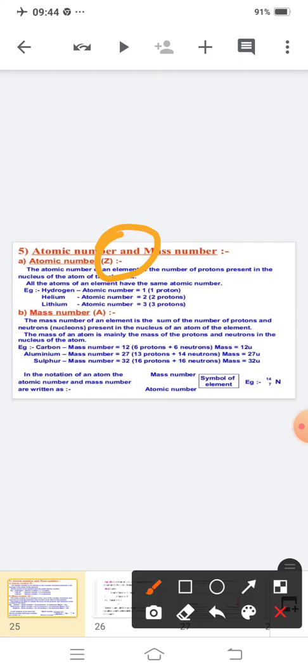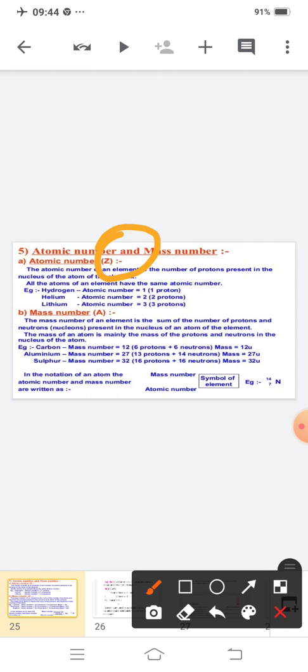Basically, your atomic number is equal to the number of protons. Clear? The atomic number of an element does not change during a chemical reaction.